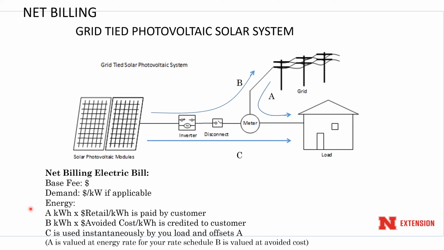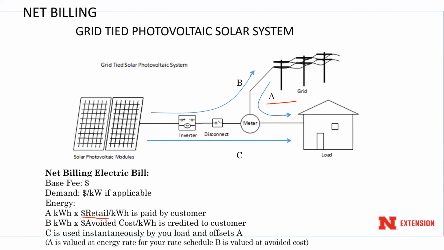Let's touch on the next one, net billing. So let's just imagine a scenario where your local utility reached their 1% of net metered customers, and they simply said, we're not going to net meter anymore. We're going to do net billing. Now, here's a challenging thing. There is no net in net billing, but they still call it net billing. In this case, I'm simply going to pay for all of the grid electricity at retail cost.